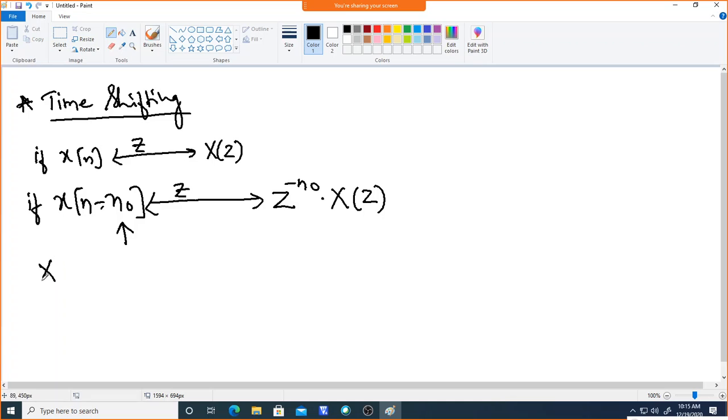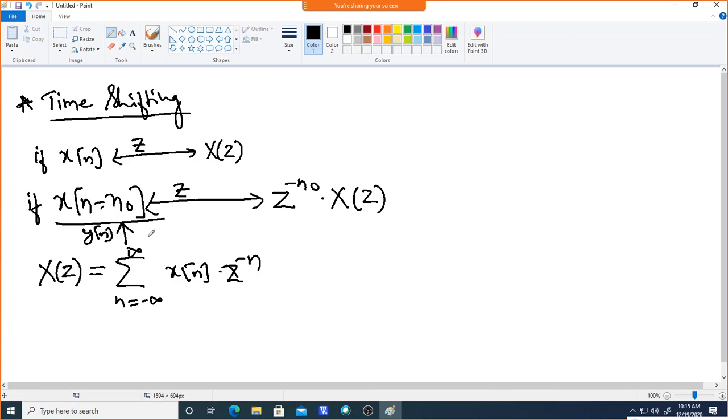Now we know the z transform of x of n is the summation n equal to minus infinity to plus infinity x of n into z power minus n. Now this time shifted signal we can take as y of n, and the corresponding z transform y of z is z power minus n naught into x of z.